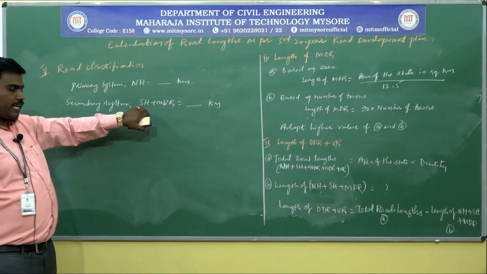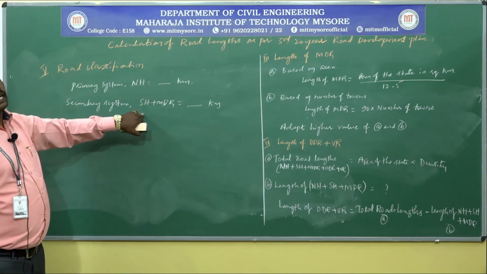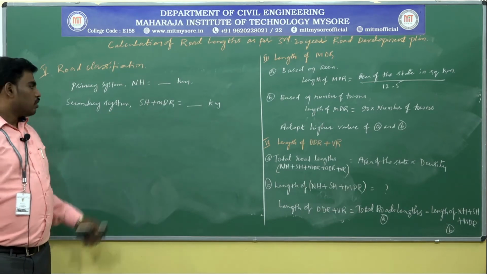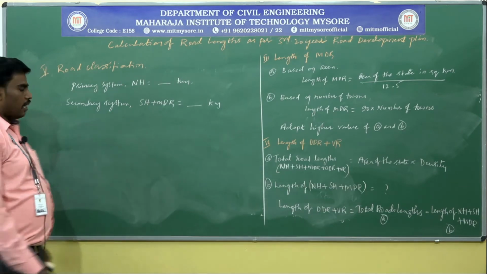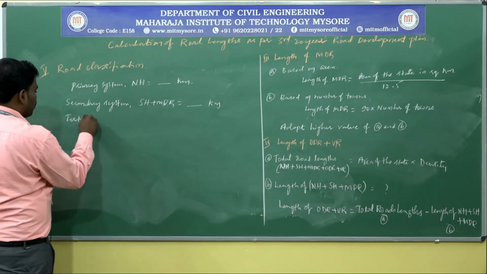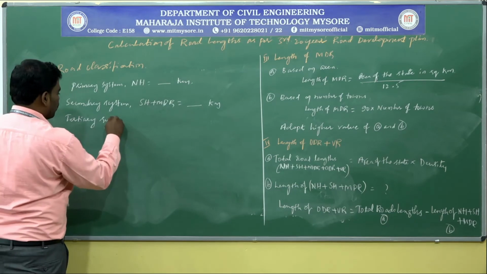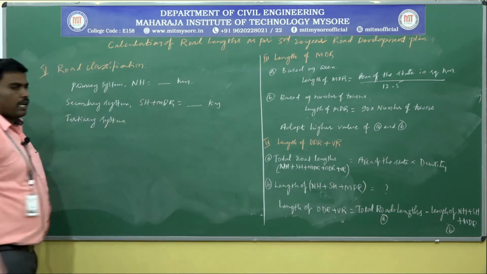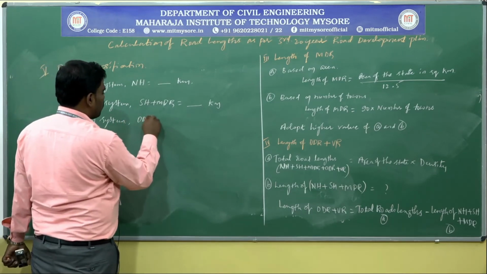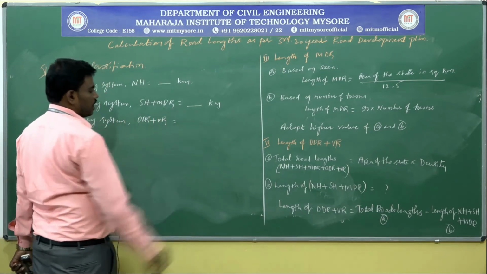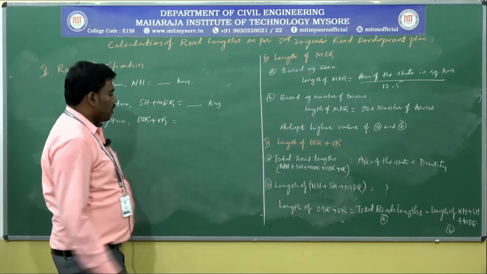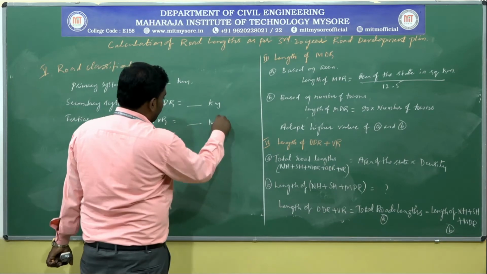Step number 2 gives state highway length, step number 3 gives major district road length, the summation of that will give the secondary system. Next is tertiary system. In the tertiary system it includes other district roads plus village roads. In step number 4 we get the length of ODR plus VR, that is dash kilometer.